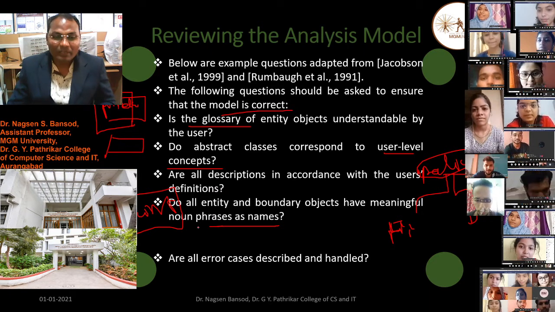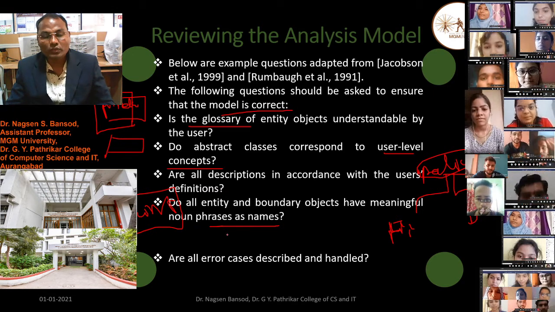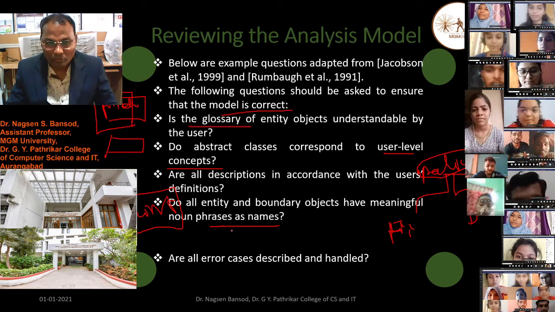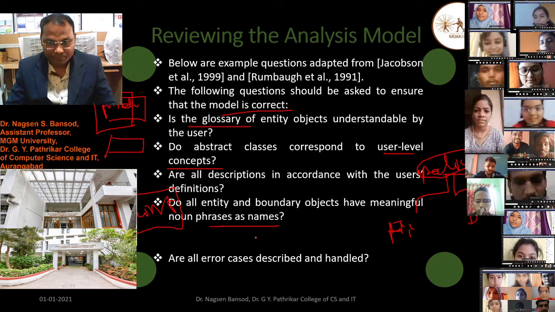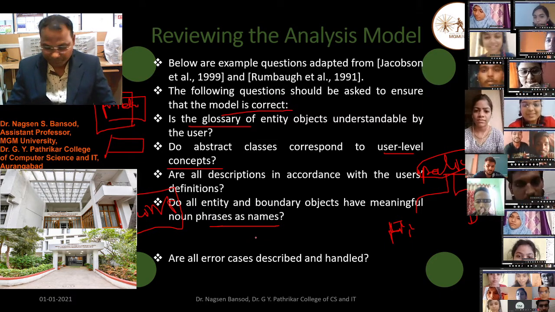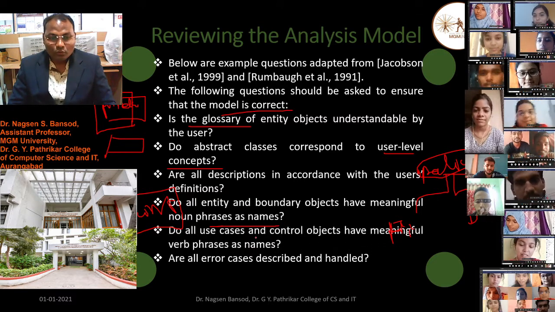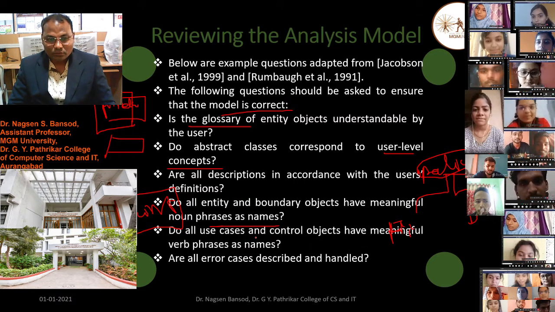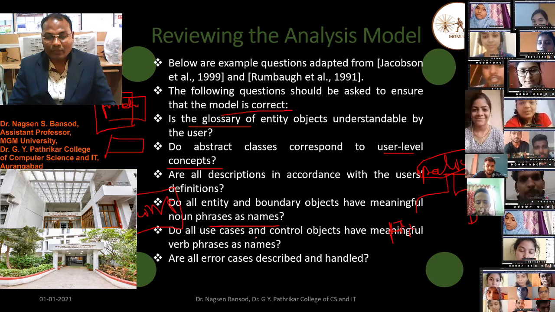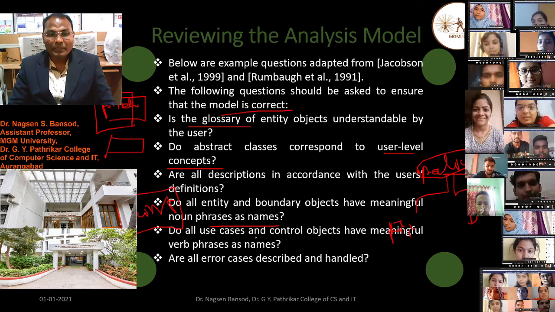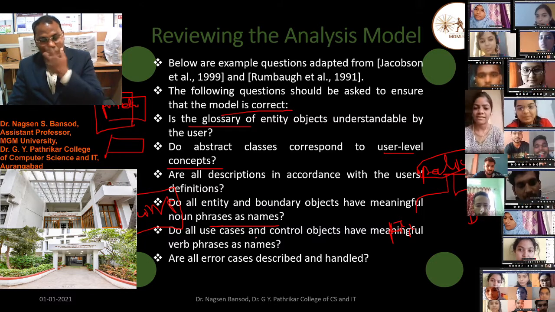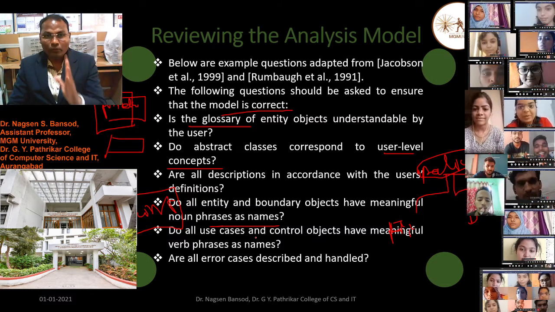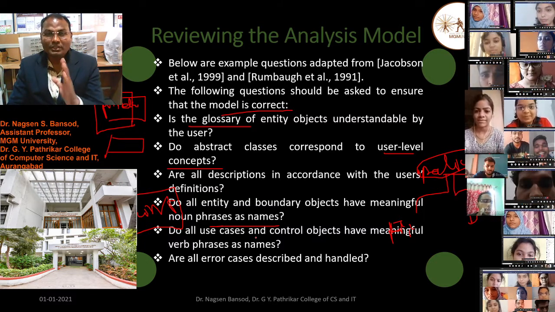Similar types of noun phrases we have to use in the software development for all the entities and the boundary objects. Do all use cases and control objects have meaningful verb phrases as names? Also we have to give meaningful names to the use cases.